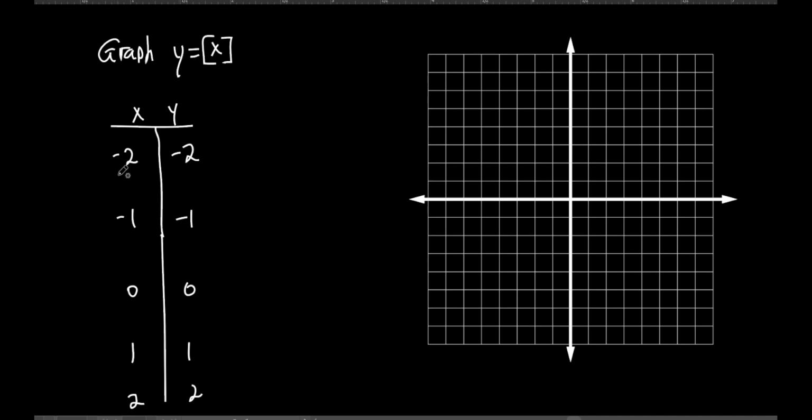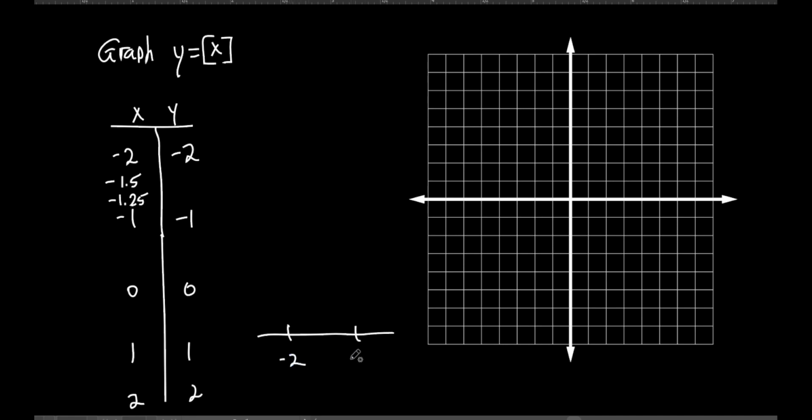So watch. Let's do -1.25. And let's do -1.5. I would do -1.75, but I just ran out of room. But that's enough to get a pattern going here. So if you had -1.25, where is -1.25?